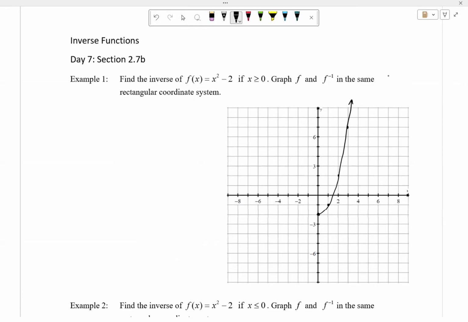I'll give you a moment to discuss how you're going to graph this guy in the same graph. You could use a different color, or maybe a pen instead of a pencil. I will be calling on someone, but how do we graph that? I was asking us to graph two things. I've already graphed f.